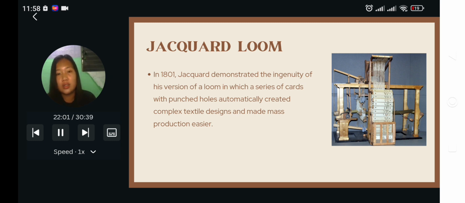So, nagkaroon na siya ng progress. And through this invention, nagkaroon ng full speed sa industrialization na revolution. And aside from textile designs, the Jacquard loom is also an important antecedent of modern computer technology kasi na-demonstrate neto yung mga punch cards to instruct a machine to carry out a complete task.